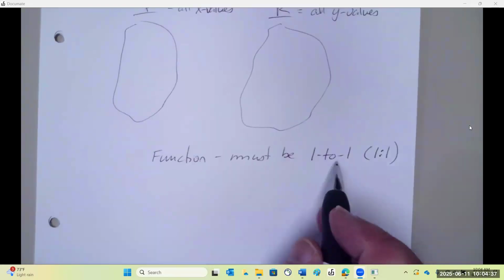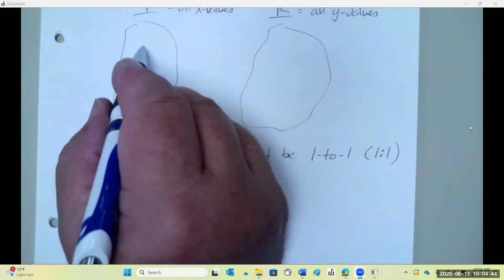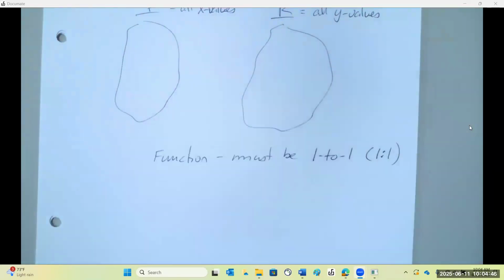So what does that mean? What does 1-to-1 mean? Each element in the domain goes to one and only one element in the range. So the domain cannot have two ranges, or y-axis cannot have two x. The X cannot go to two Y's.